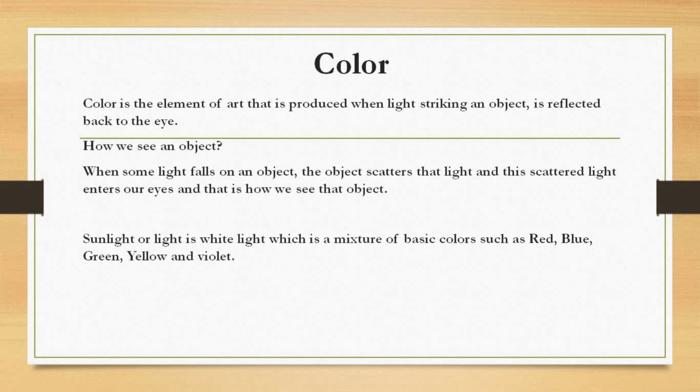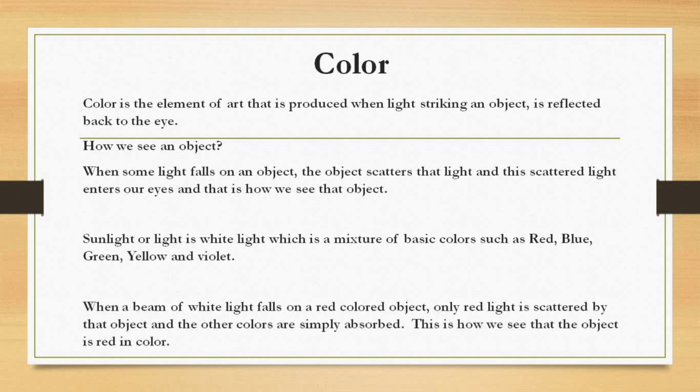Usually sunlight is white light, which is a mixture of base colors like red, blue, green, yellow and violet. When a beam of white light falls on a red colored object, only the red light is scattered by that object and the other colors are simply absorbed. This is how we see that the object is red in color.